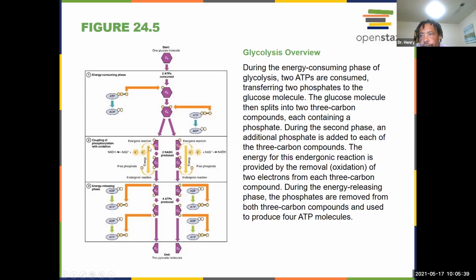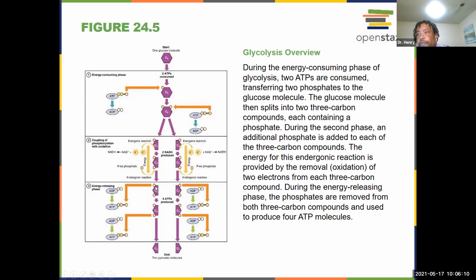During this process, we get our second phosphorylation. These electrons are going to be utilized to help with that second phosphorylation event, and that's generated by free phosphates in the system attaching to it.